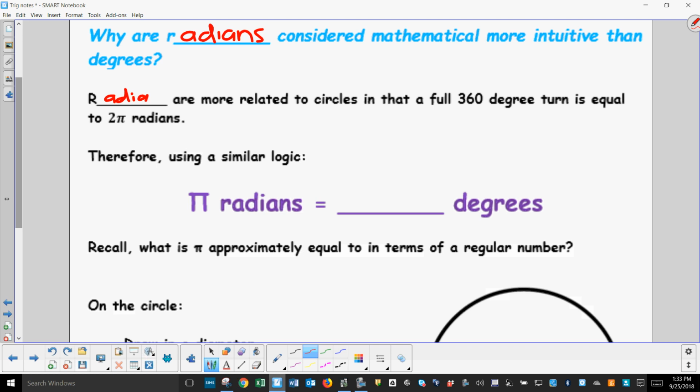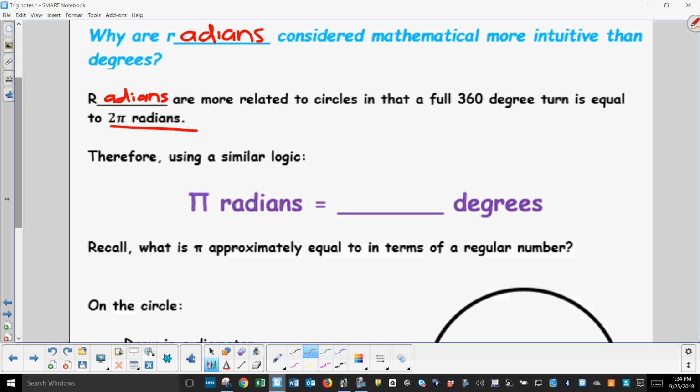Radians are more related to circles in that a full 360 degree angle is equal to 2 pi radians. This is a nice little conversion. A full turn in degrees is measured as 360. If it's measured in radians, a full turn is 2 pi.